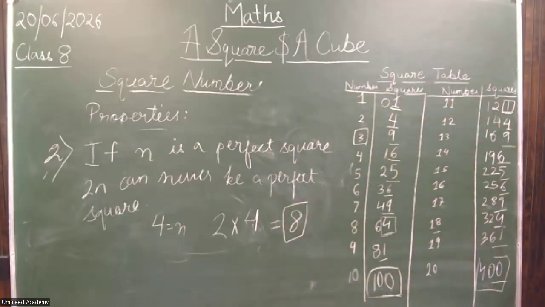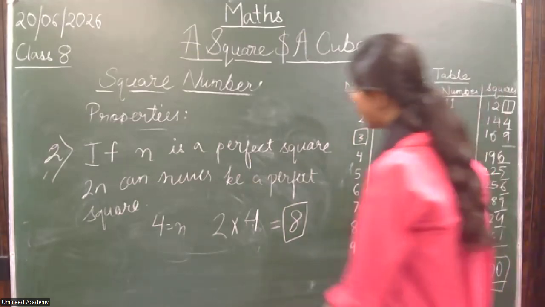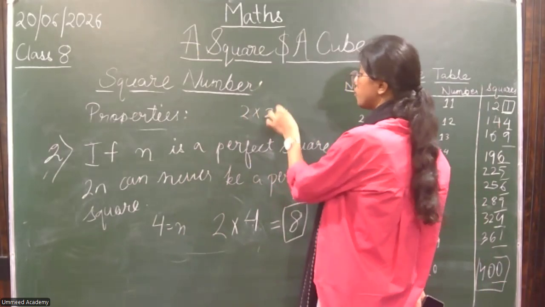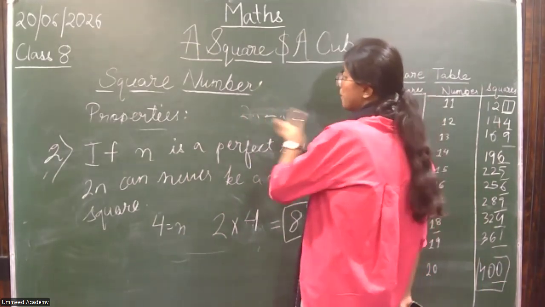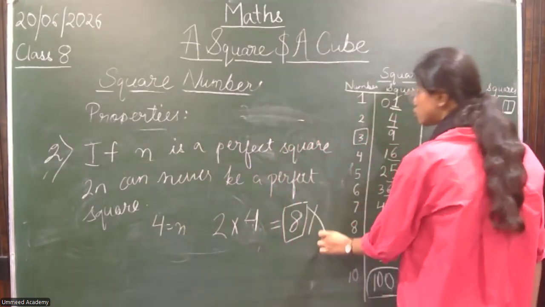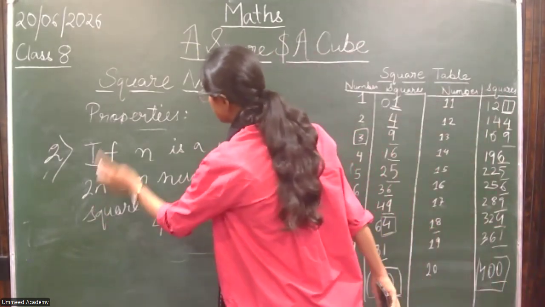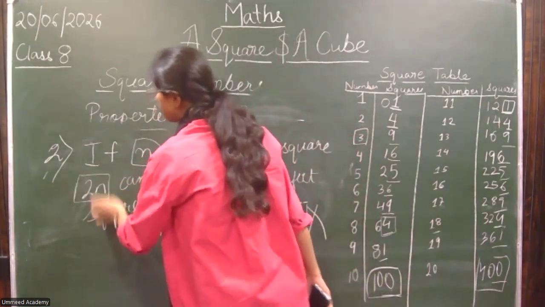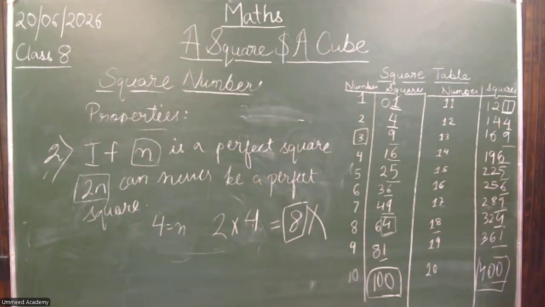No. How can 8 be a perfect square? 8 ko cube we can say 2 into 2 into 2 is 8. But for square, 8 is not a perfect square. तो अगर n perfect square है, तो 2n can never be a perfect square. Clear, Pulkit? Okay, ma'am. Moving on.